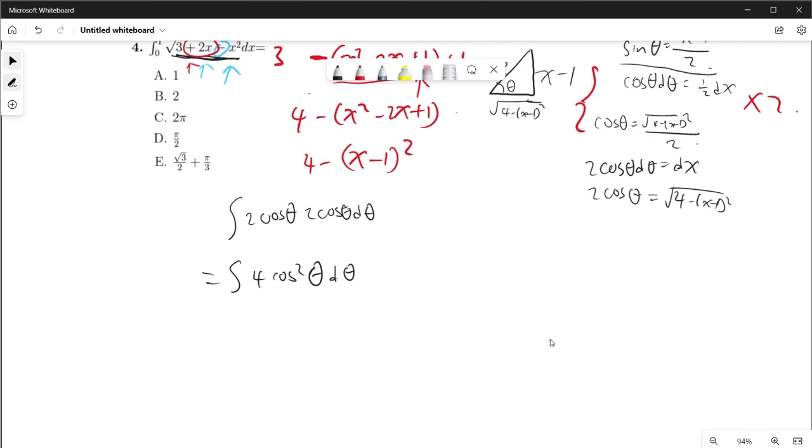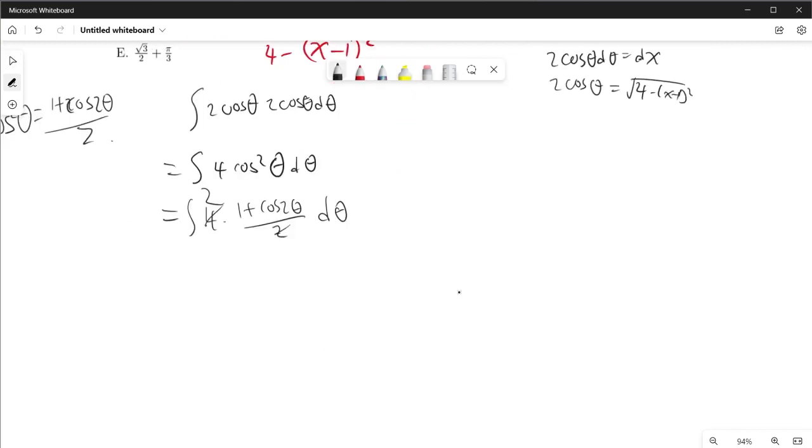Here we can use the double angle formula or the half angle formula, where let's just write over here, cosine squared theta equal to (1 plus cosine 2 theta) over 2. So 4 times (1 plus cosine 2 theta) over 2 d theta. From here, we can move the 2 outside.